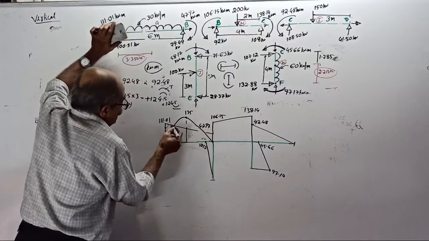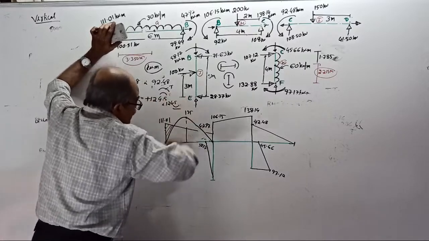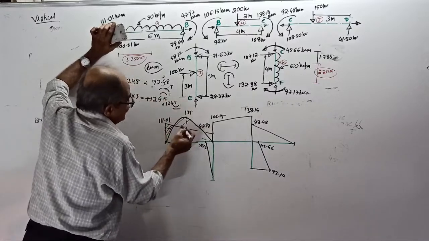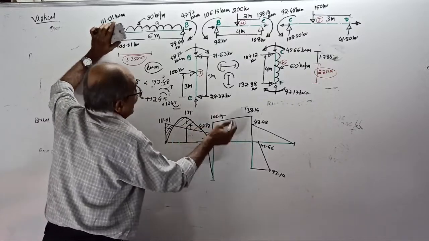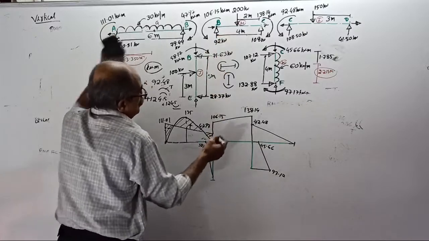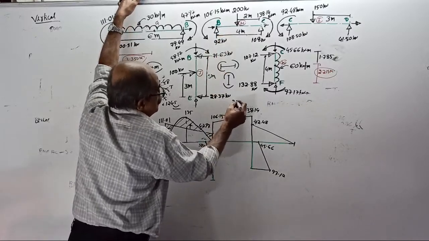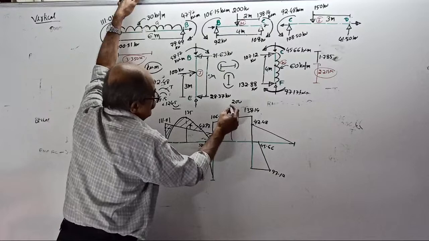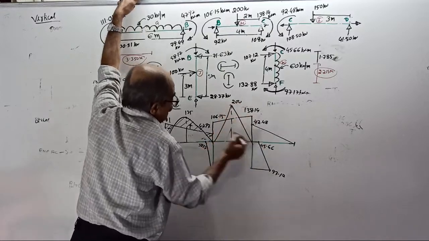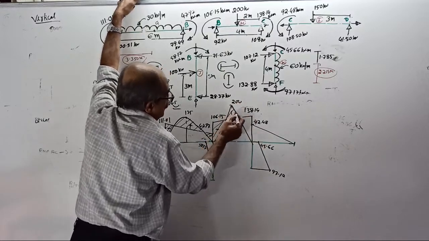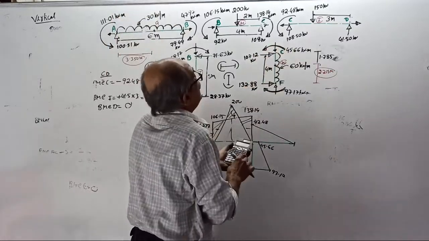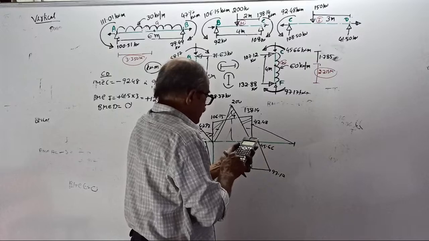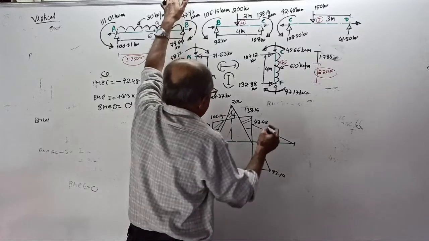Whichever is on the upper side but within the line is negative. Whichever goes below that one is positive, further negative. Here WL by 4, 200 will come. 200, joined by straight line, joined by straight line, negative, positive, negative. Here WAB by L: 150 into 2 into 3 divided by 5, 180.